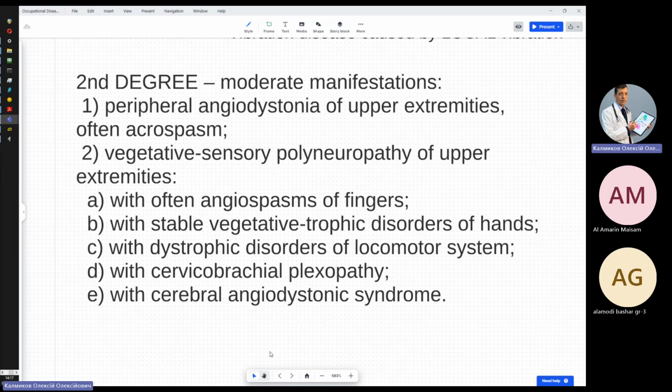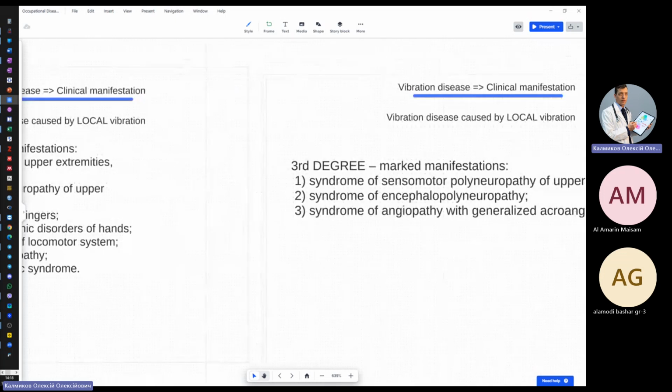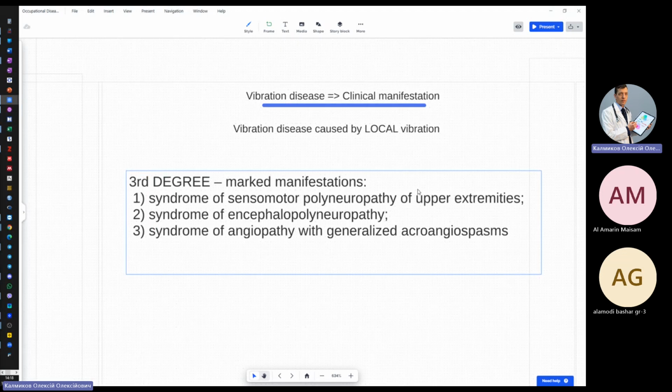Normally it would be easily elastic, right, and maybe even more plastic. In case of the second degree of vibration disease caused by local vibration, it becomes painful on this extension, right? You may easily reveal this by physical examination, and of course, the help of additional investigation is significant here. Okay.